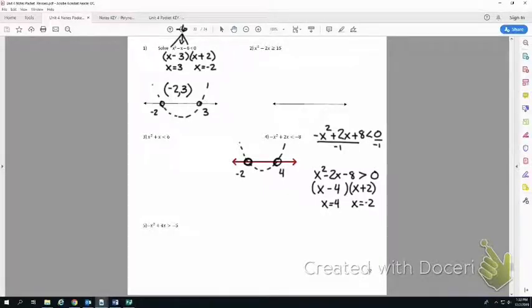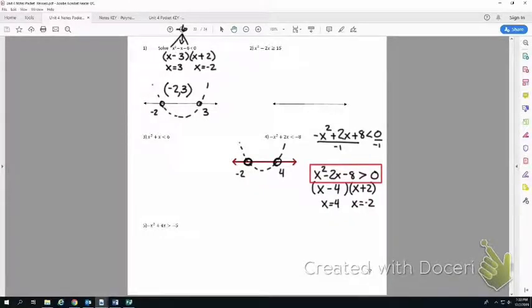Keenan, am I looking at the part that is above or the part that is below? Remember, that is the one we actually factored, so that's the one we need to look at. Above. So that's going to be sections 1 and 3, correct?